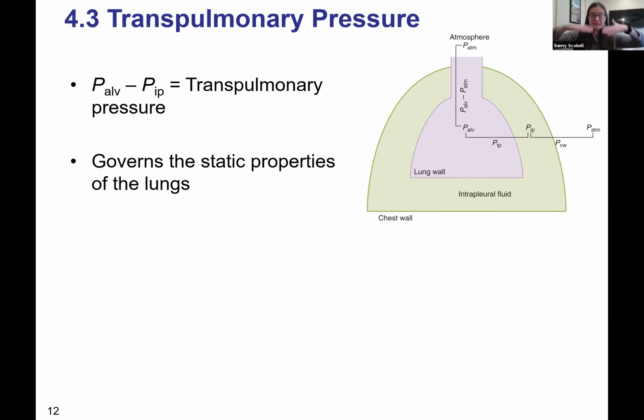So everybody, again, take a deep breath and hold it. And now let it out and hold it. So at those two places that we held it, that's static properties of the lungs.